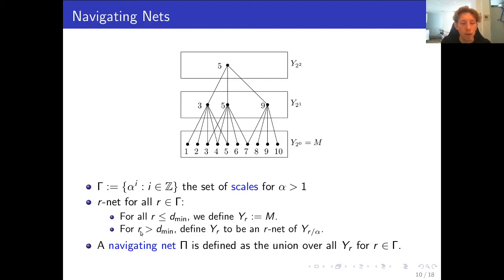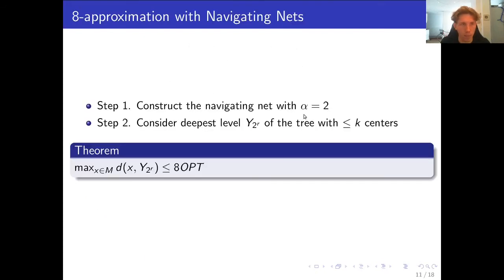So if r is greater than d_min, you define Y_r to be an r-net of Y_(r/alpha). So for example, Y_2^2 is an r-net of Y_2^1. And then you do this until you only have one point, basically. And a navigating net formally is then defined as the union over all of these Y_r for r in Gamma. So the union of all of these sets is this navigating net.